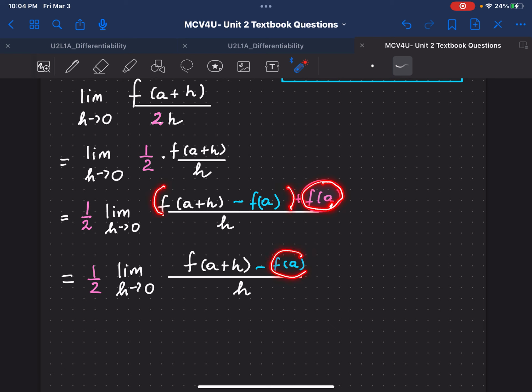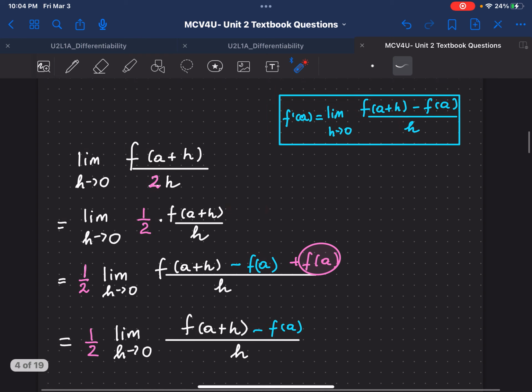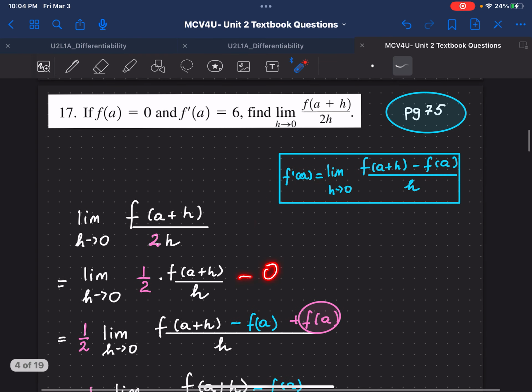But formally, we're going to need to write the f of a in here. Or we can look at this problem this way as well. If we are at f of a plus h over h here, you can add very easily a number 0 or subtract a number 0, which is basically the same as subtracting the f of a, right?